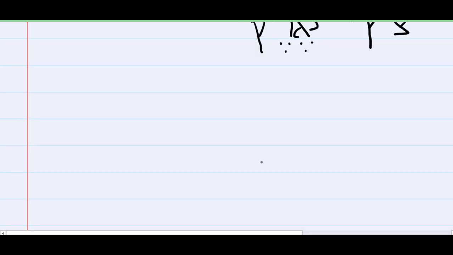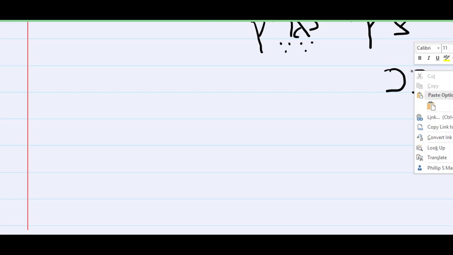Let's now talk about some of the forms that can be confused with one another. We have the letters Beit and Kaf, which do look very similar. Beit and Kaf. Notice that these actually should be a little bit longer over here.